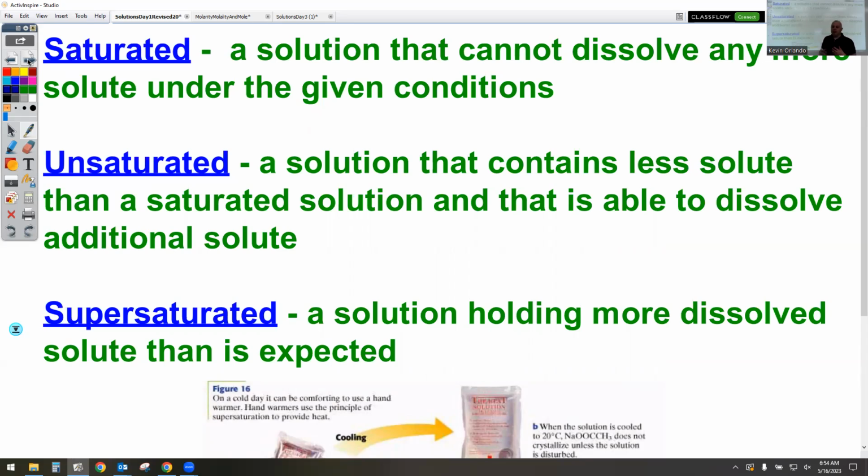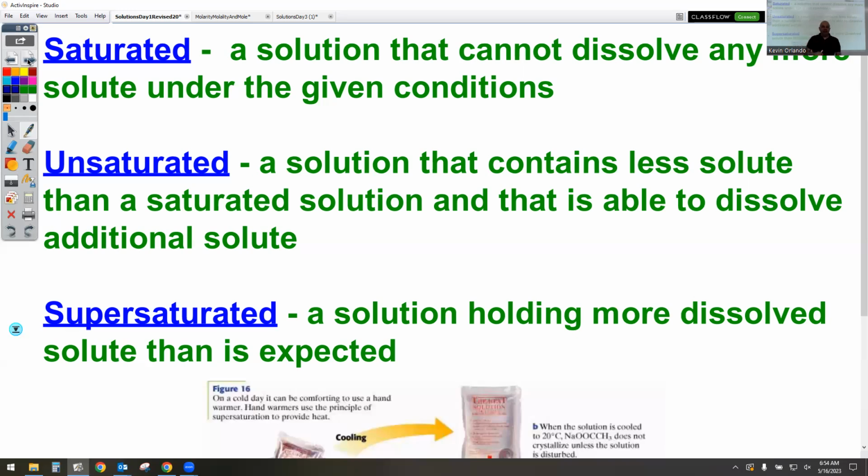It's a little different in chemistry when we're talking about saturated solutions. If you imagine dumping sugar into water, at some point that water is not going to be able to hold any more sugar. That's when we consider the solution saturated. At any point leading up to that point, we would consider the solution to be unsaturated.